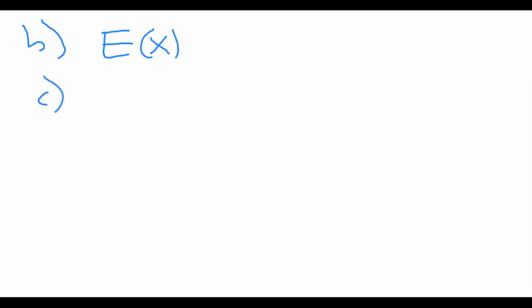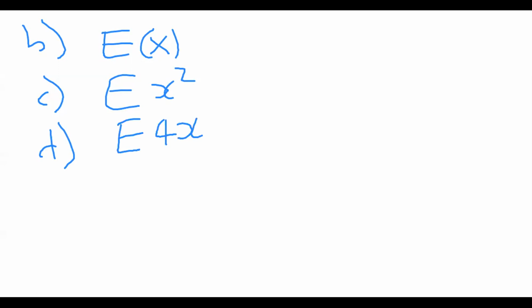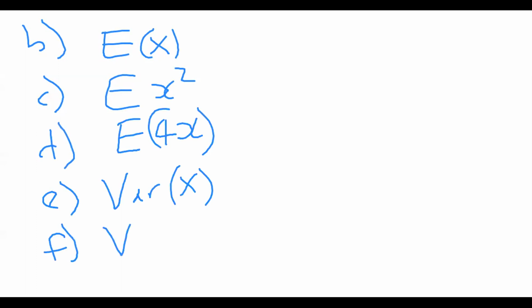Part C, expectation of x squared. Part D, the expectation of 4x. Then find the variance of x. And then part F, find the variance of 2x.